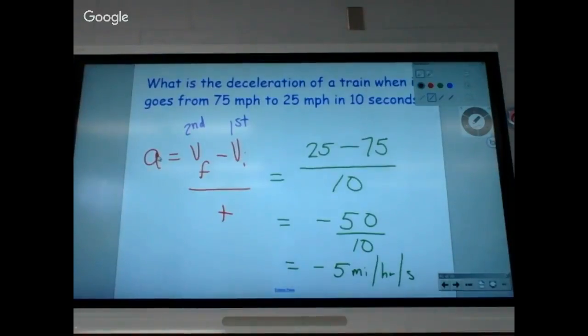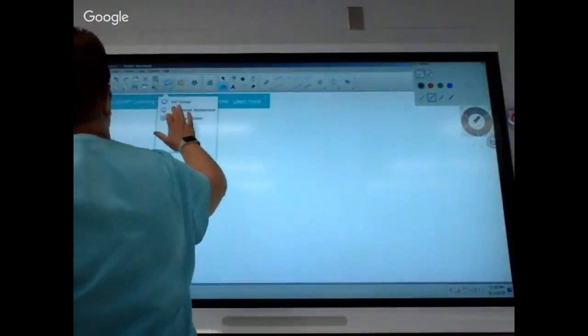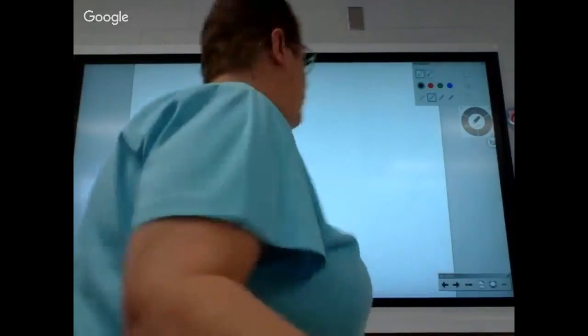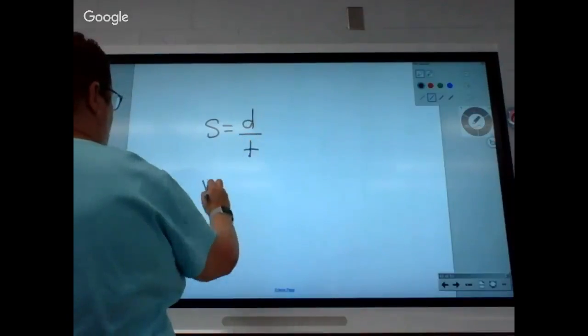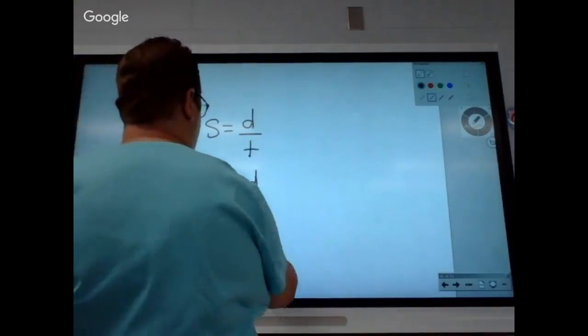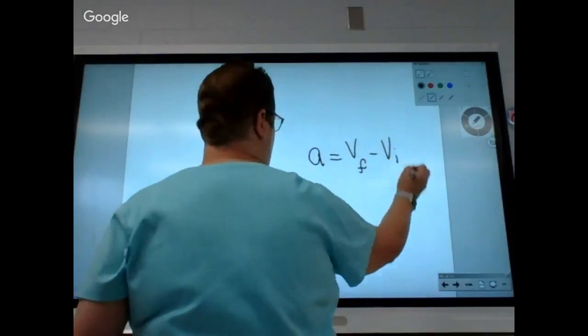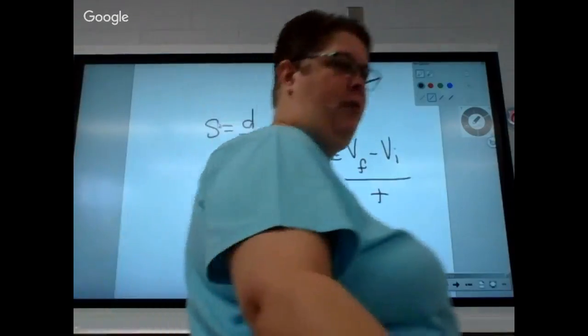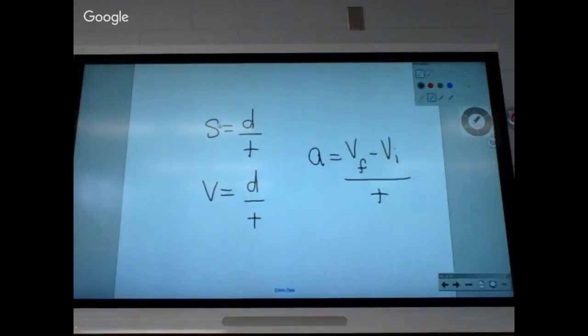All right. Now, I'm going to roam amongst you and help you solve what you need help with. Remember, the three formulas you guys are using are speed equals distance over time, velocity equals distance over time, and acceleration equals change in velocity over time. Those are the three we're practicing. The lab that we want to do uses acceleration.